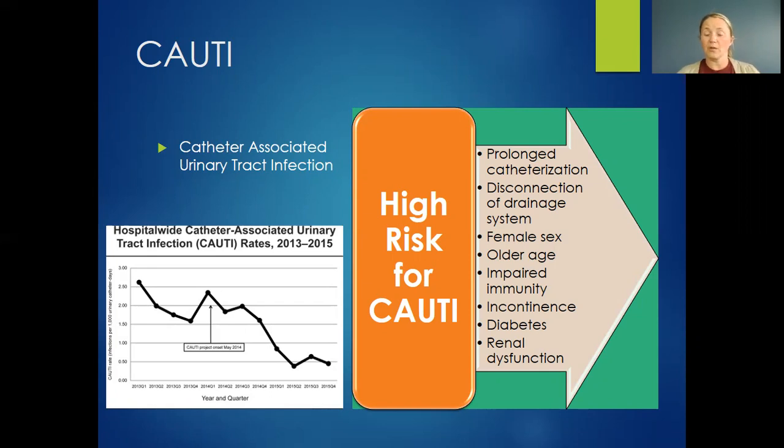We want to make sure there are no leaks anywhere, that it's all staying closed, and that it stays unobstructed. The tubing could get kinked, bent around in the bed, or stuck between the bed rail and the bag. Just make sure that it is draining and unobstructed at all times. We're going to remove those catheters as soon as possible, so every shift we're evaluating the need for them.